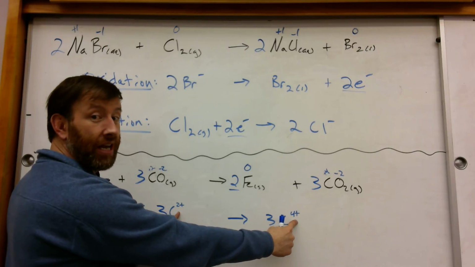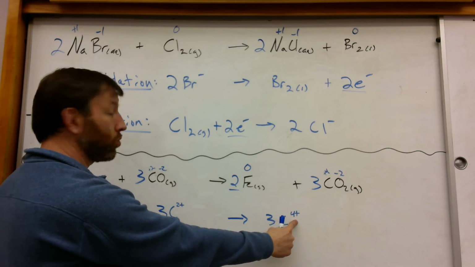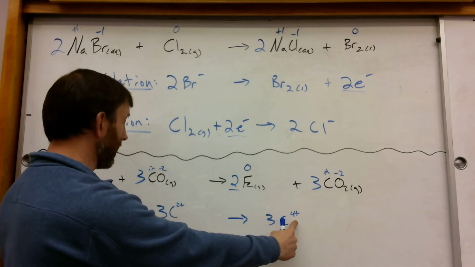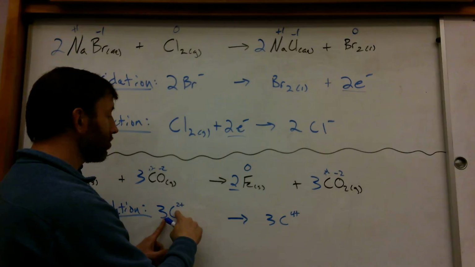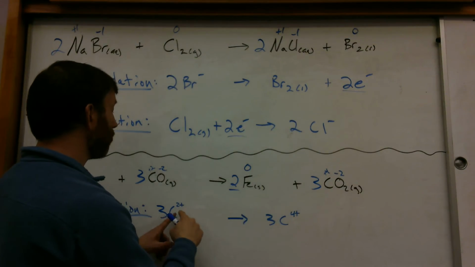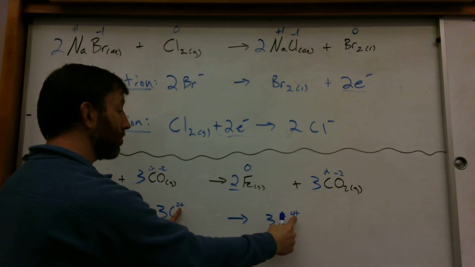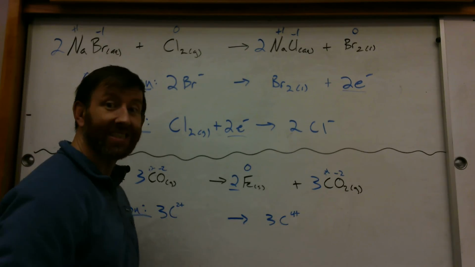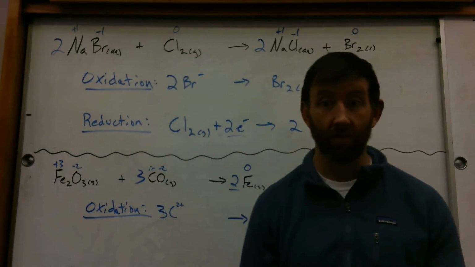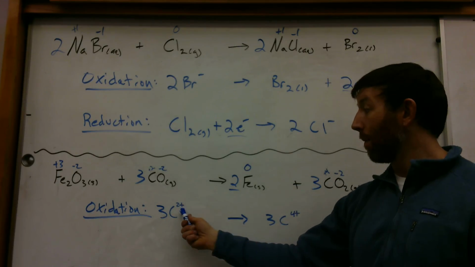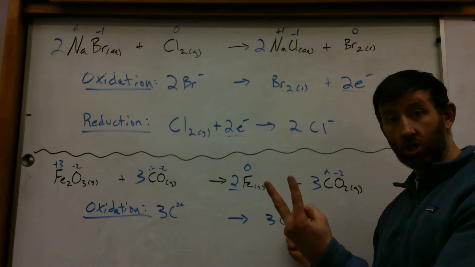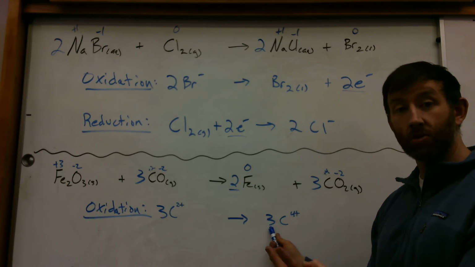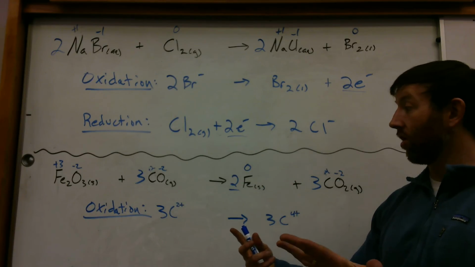That's a change of 2, but that happens to 3 carbon atoms, or carbon ions in this case. So to figure out my number of electrons, I multiply my change in oxidation number times the coefficient. My change is 2 times 3, that's 6 electrons. So again, my change in oxidation is a 2, that happens to 3 atoms, so 3 times 2, 6 electrons.